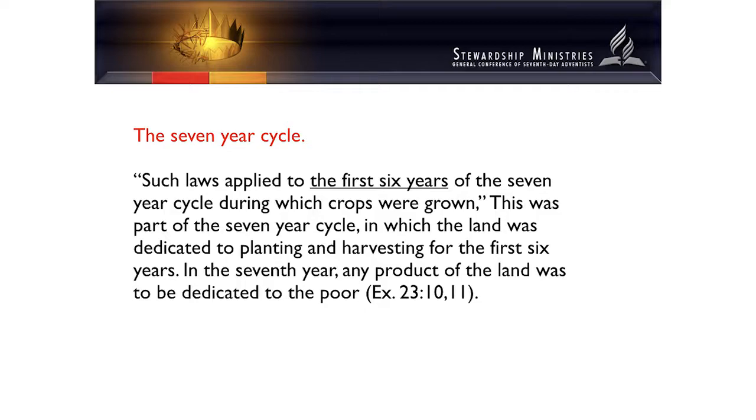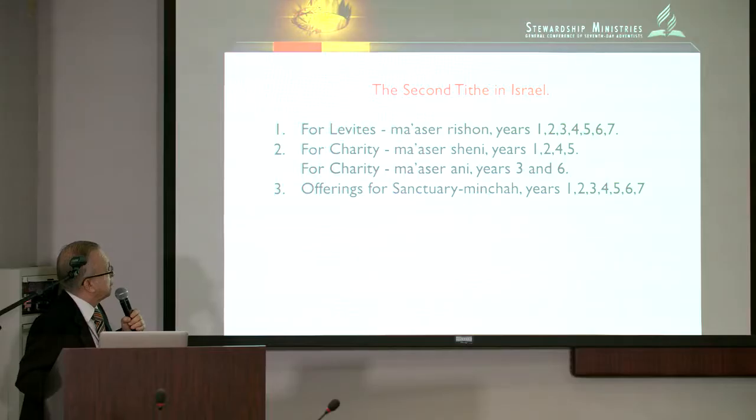This was part of the 7-year cycle in which the land was dedicated to planting and harvesting for the first 6 years. In the 7th year, any product of the land was to be dedicated to the poor.